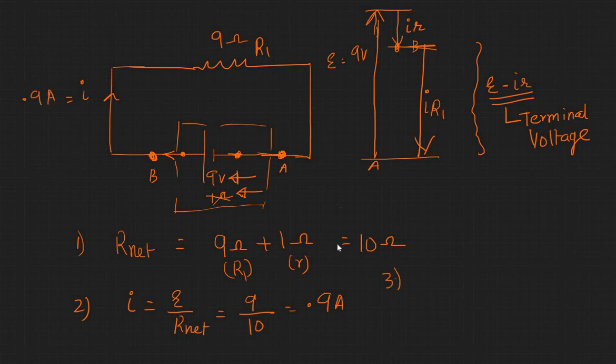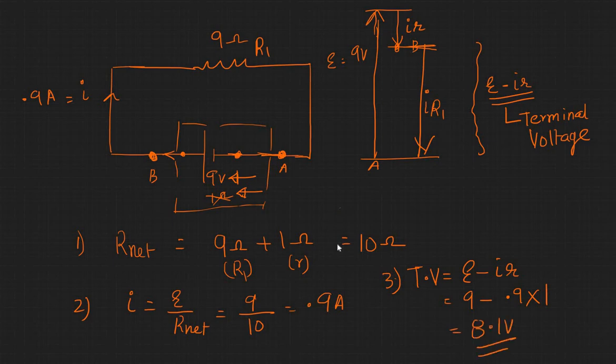And the third thing is your terminal voltage, which is given by E minus Ir. Let's say you always use that. So this is 9 minus 0.9 into 1. That's 8.1 volts.